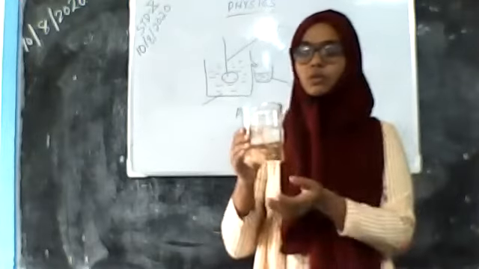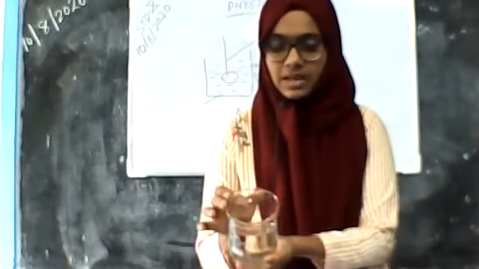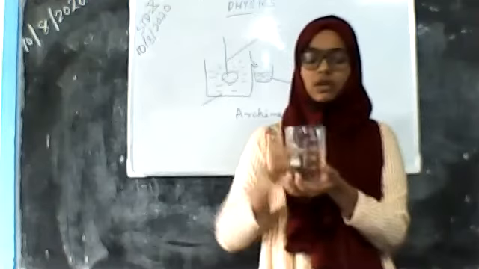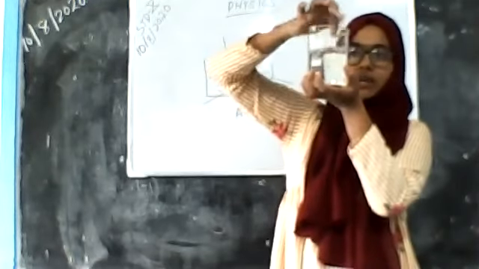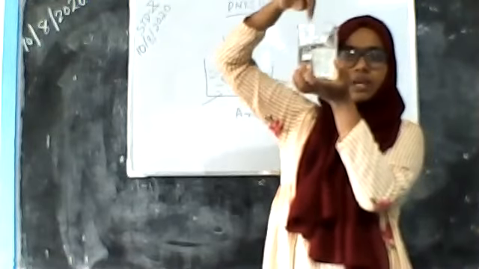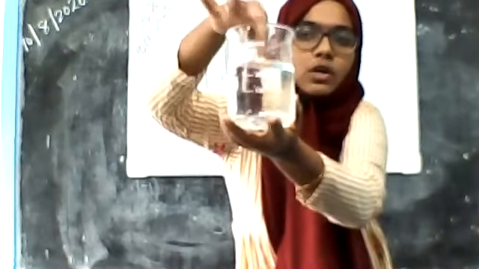When we put it in, we can see that this foil paper is not immersed in the water. It is only floating on the surface of water. It does not come inside the water. Only when we apply a force does it go inside. When we do not apply a force, it only floats here.